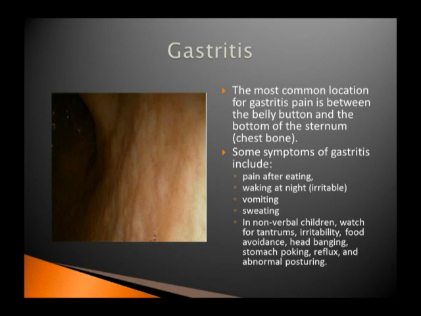The sternum is the bottom part of the chest bone. So if your child manifests with pain after eating, or they're waking up at night irritable, or maybe they're sweating with meals or right after meals, or they've got certain food avoidance or behaviors that come about after eating, think about the potential of gastritis being an issue.